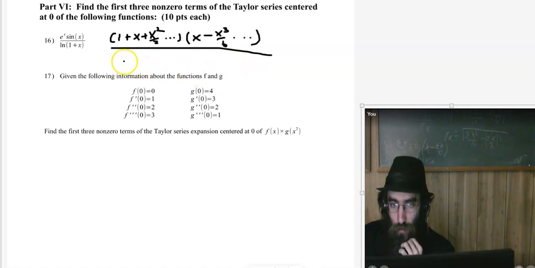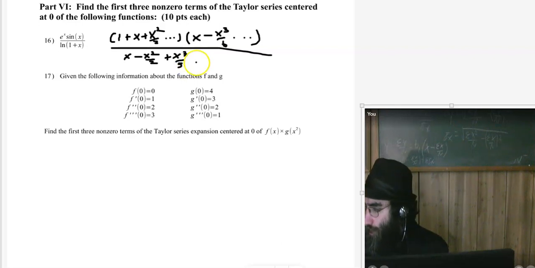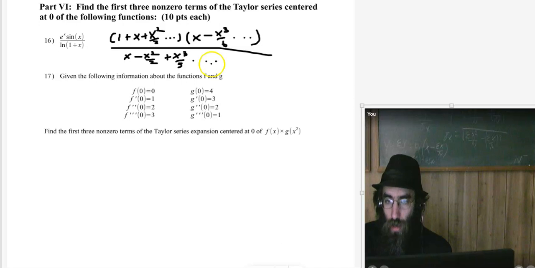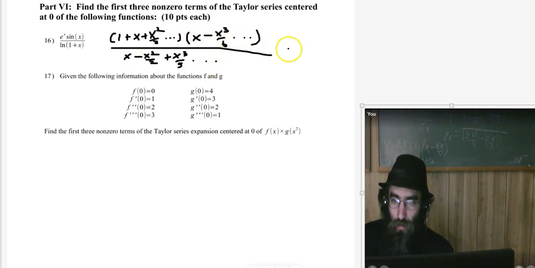For ln of 1 plus x, we have x minus x squared over 2 plus x cubed over 3. Okay, we can divide numerator and denominator by x.